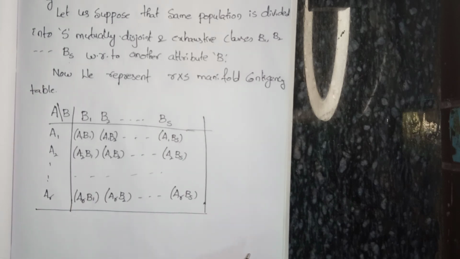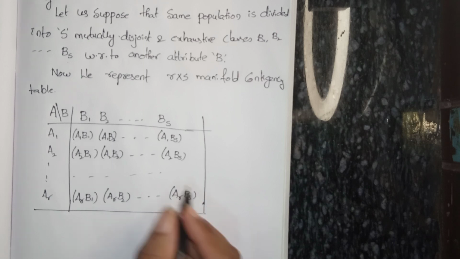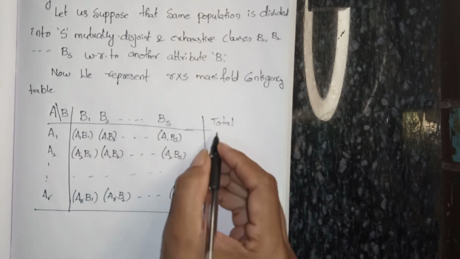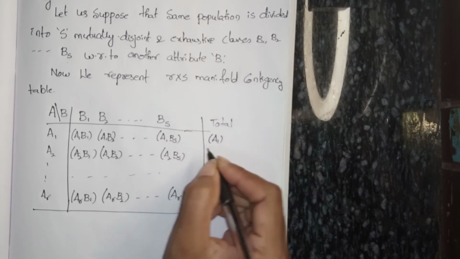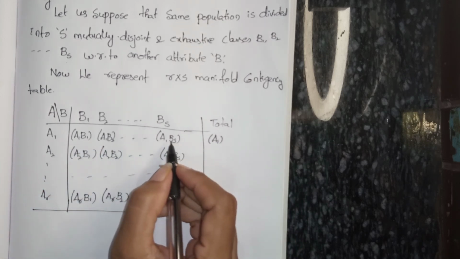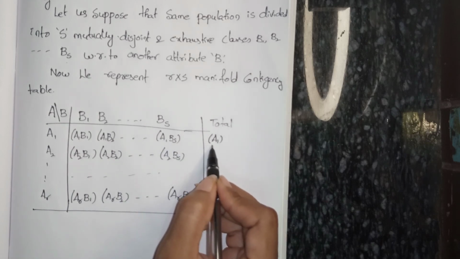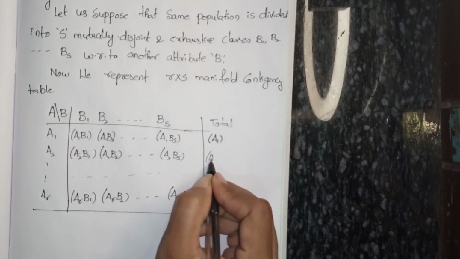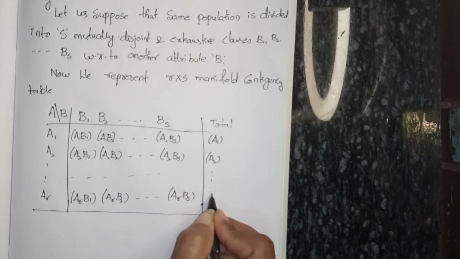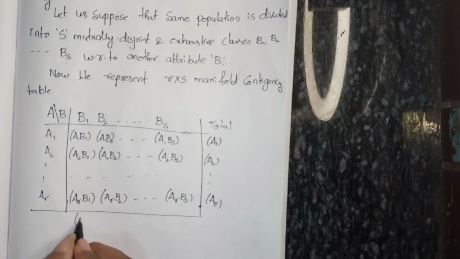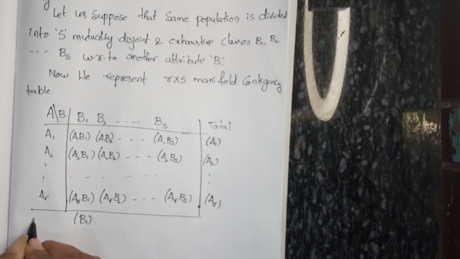Now the totals. If we add all these, we get attribute A1. In the same way, attribute A2 and so on, attribute AR. Next, attribute B1, this total.